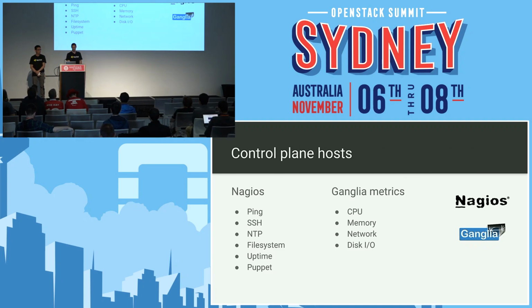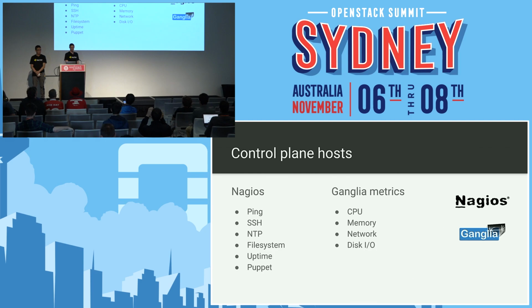So we also test at a host level. So we want to make sure, obviously, that the box is available. So we test for ping and SSH, and you know those services that we expect to be running are running. NTP, because clock sync is quite critical. File system is a great one because logs can fill up your disk very easily.